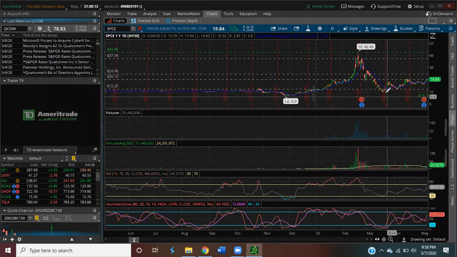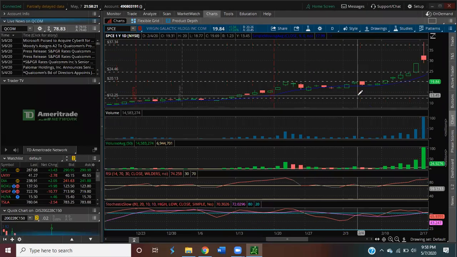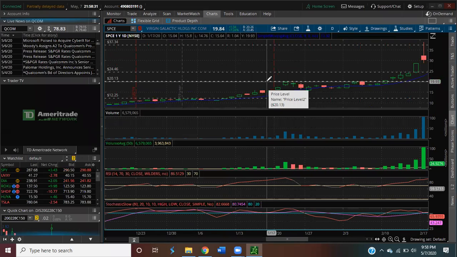When something goes down or when something goes up, the pullback is going to be the pattern. So, for instance, right here, when Space was coming up here, it was going up really quickly. Went from about $11 all the way up to almost $20 very quickly. So it had to be some type of pullback pattern.